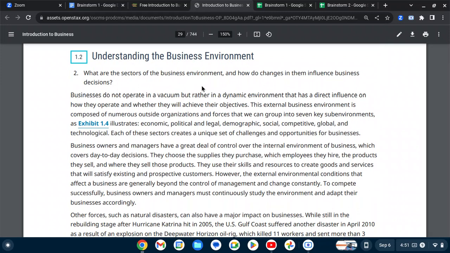This external business environment is composed of numerous outside organizations and forces that we can group into seven key sub-environments, as Exhibit 1.4 illustrates: economic, political and legal, demographic, social, competitive, global, and technological. Each of these sectors creates a unique set of challenges and opportunities for businesses.